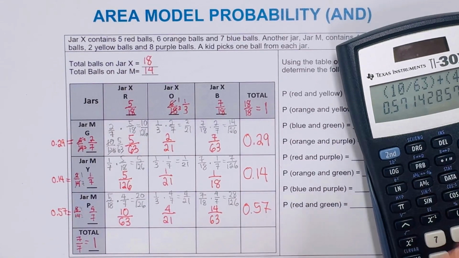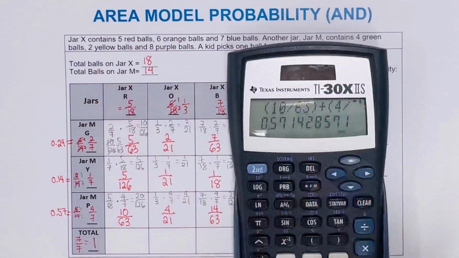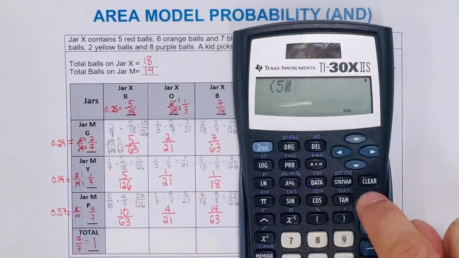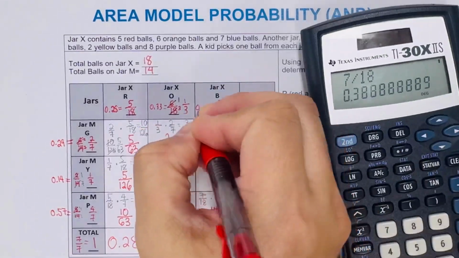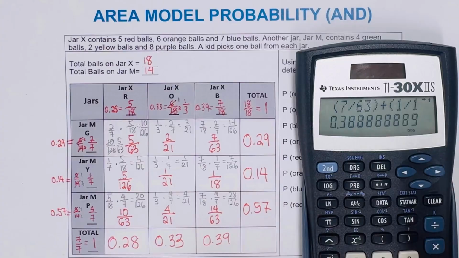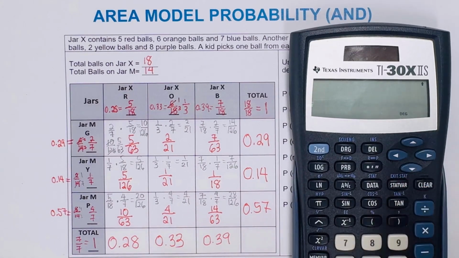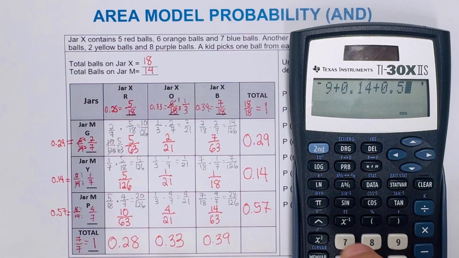Okay, so what I would do next is add the totals going down. Now, in order to check if we got it right, if we add everything up, it should equal 1 here. So let's see if that equals 1. So 0.29 plus 0.29 plus 0.14 plus 0.57.